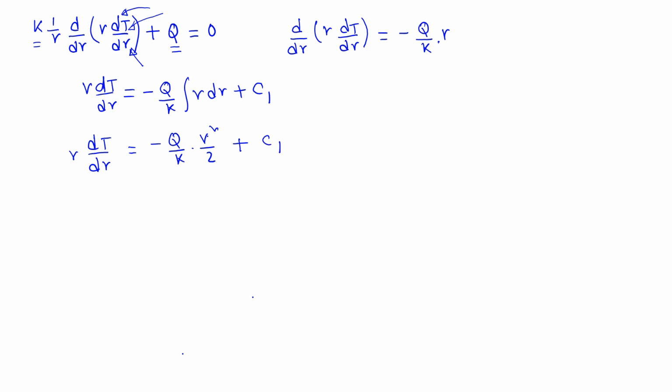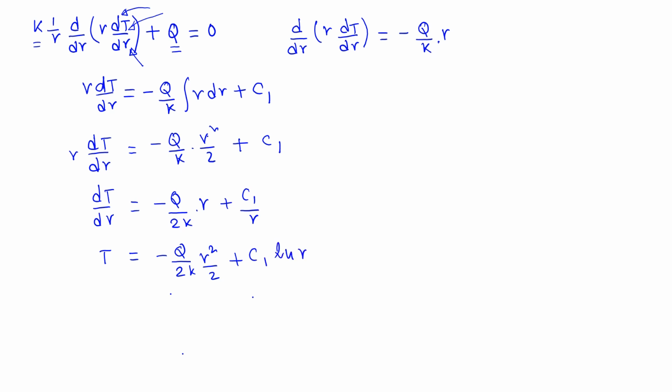So dT dr is minus q over 2k times r plus c1 over r, and integrating again, we get T equal to minus q over 2k r square over 2 plus c1 natural log of r, since 1 over r integrated gives natural log of r, plus c2. So this is my general solution.